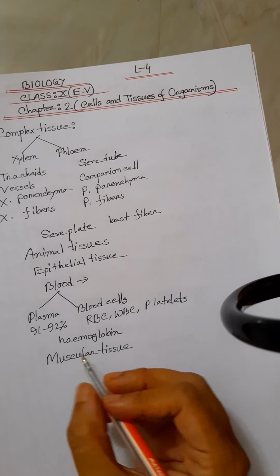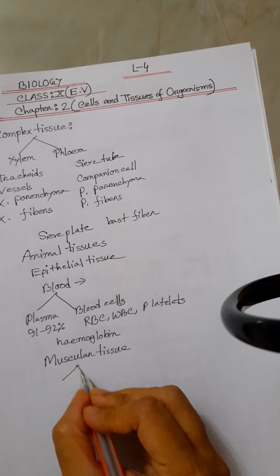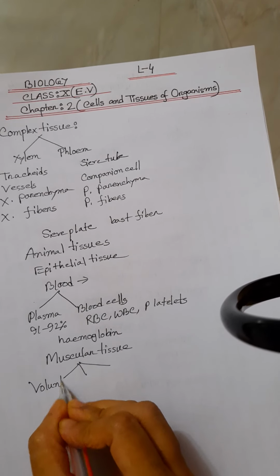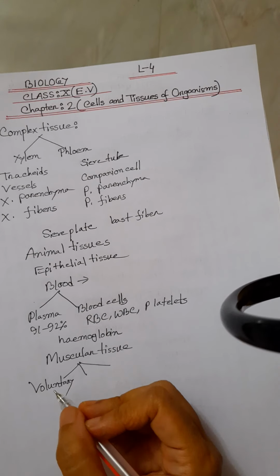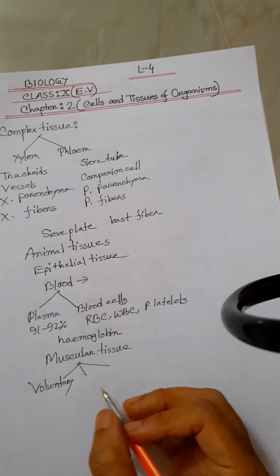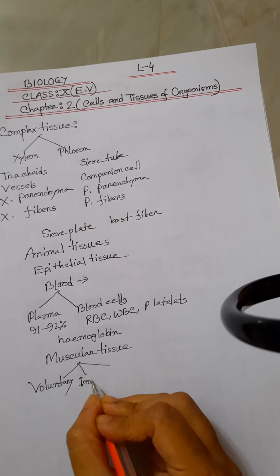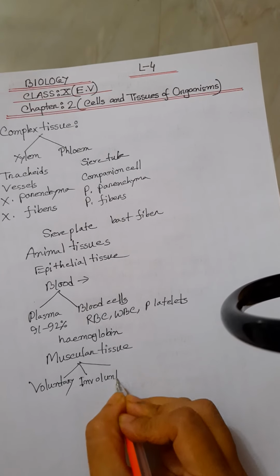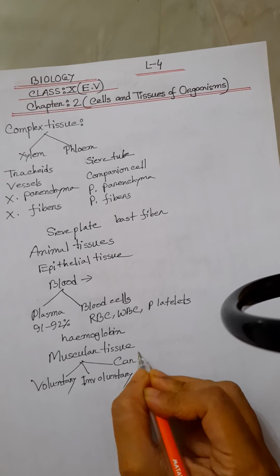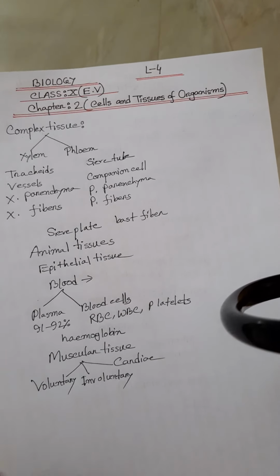These are of three types: voluntary, involuntary, and cardiac muscle.